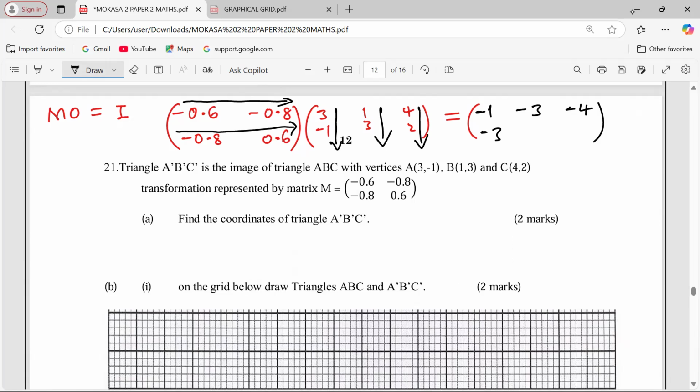This gives us 1. In the next, we will have -0.8, open brackets for 4, then plus 0.6, open brackets for 2. This gives us -2. So now, with this, we can state the coordinates of A prime as -1, -3. Then B prime, we open brackets for -3, 1.